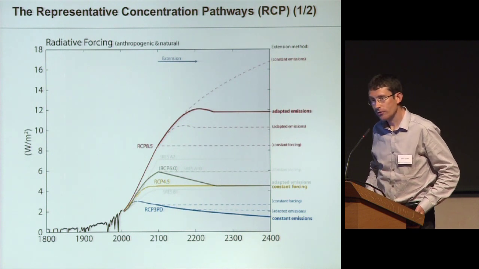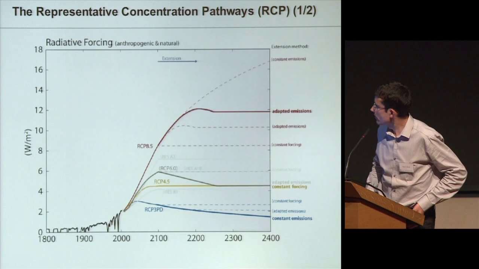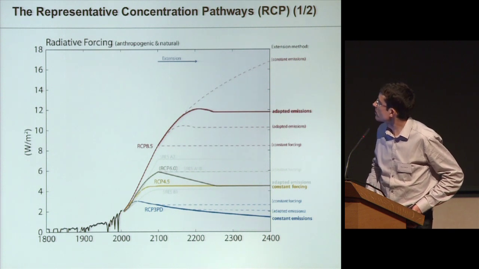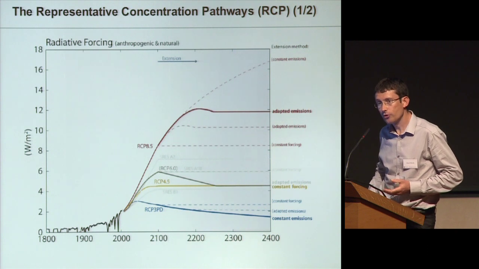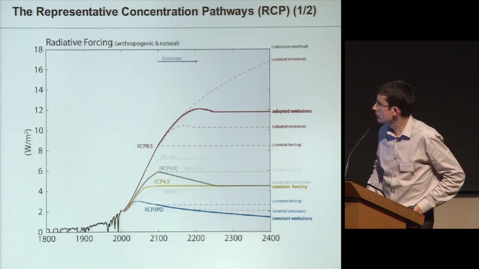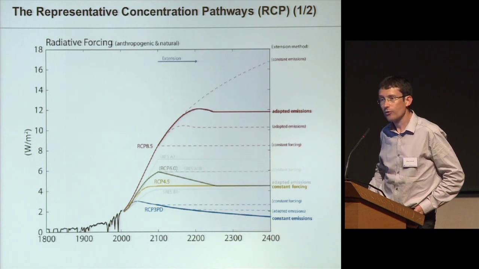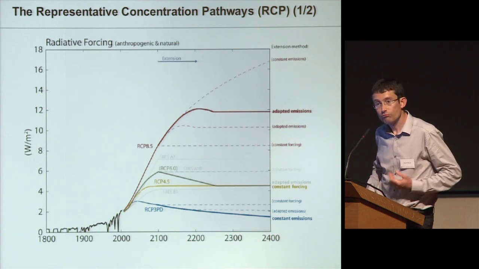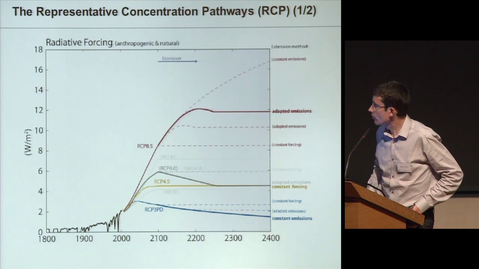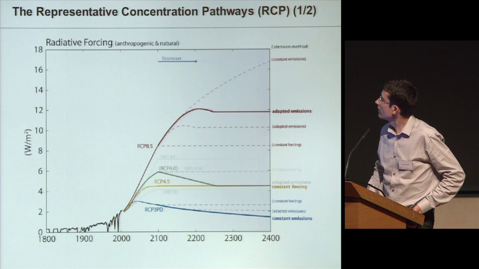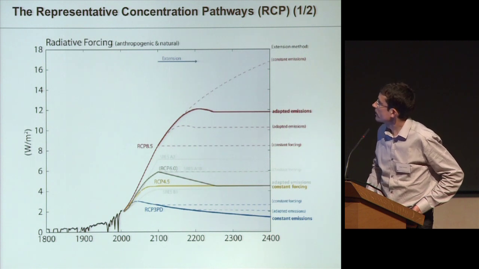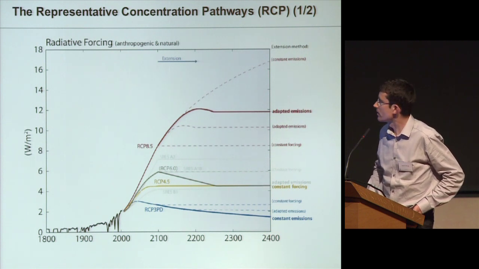This is completely different to previous methods from the SRES IPCC scenarios, where actually there were scenarios for future demography, economics, energy uses, agricultural practices, and so on. And from these, methane, carbon emissions were derived, and then concentrations, and then the radiative forcing of the whole system.